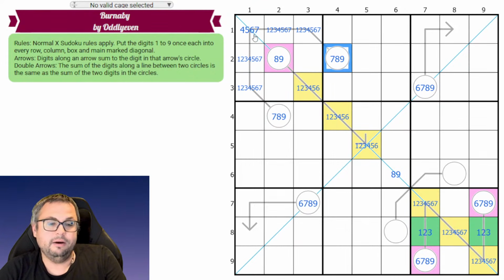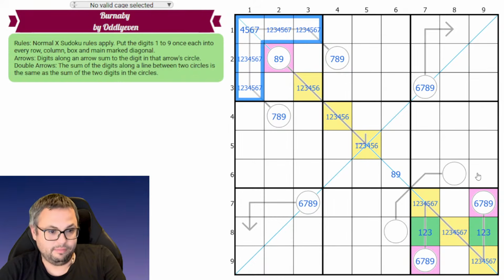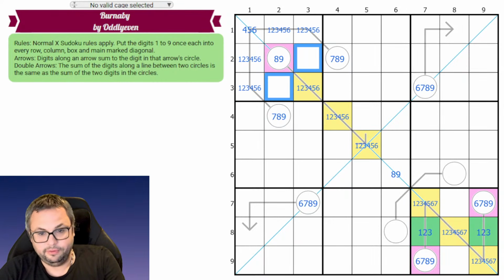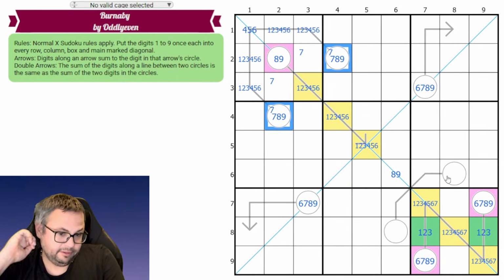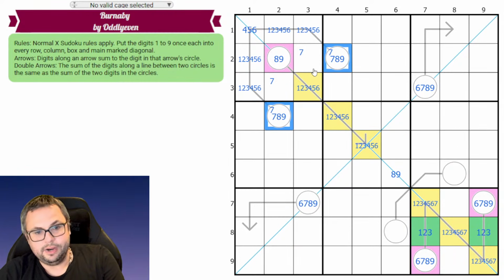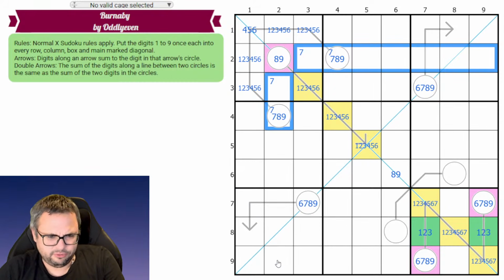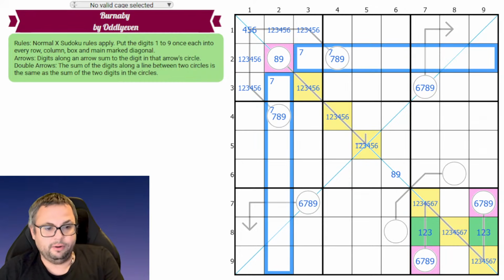But also now this can't sum to 17 either, because this would be an 8-9 pair looking at that. So that knocks 7 off of this, and that works out nicely. So one of these two is a 7, and as well, one of these two is a 7. That gives us sort of a weird bent X, or sorry, is this a mutant X-wing or a mutilated X-wing or something? It gives us some sort of X-wing on 7s.